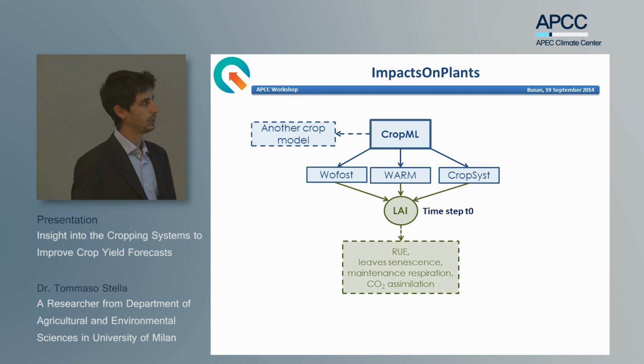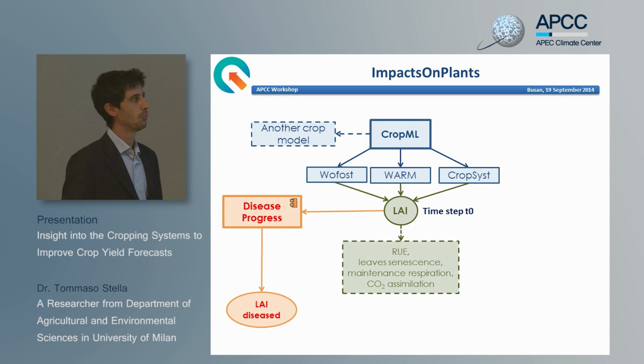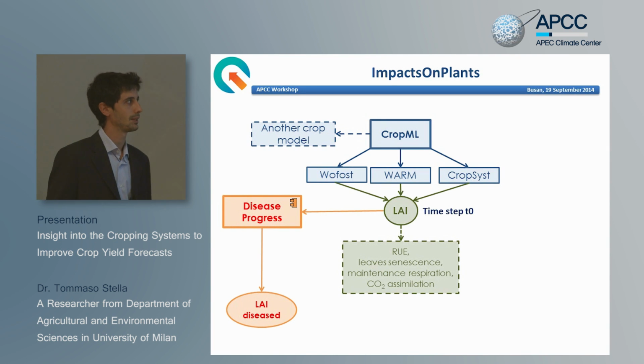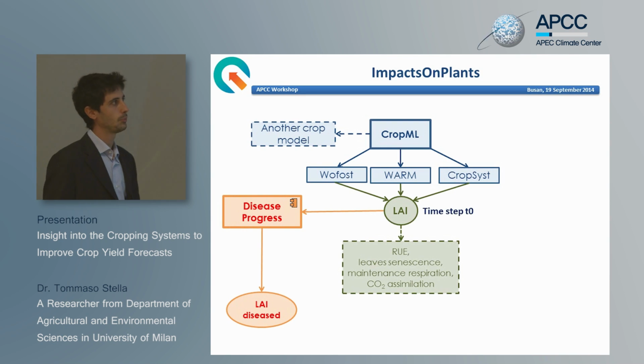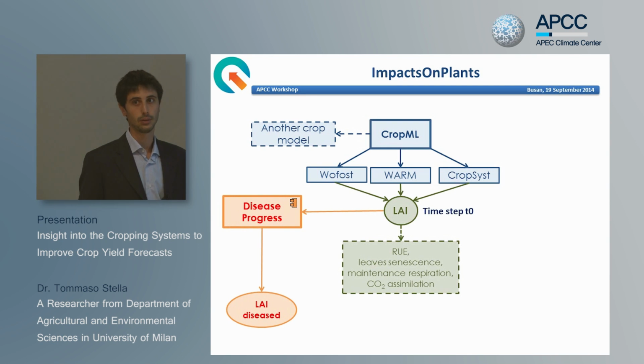which can be affected by a disease, and the dynamics are simulated by the component disease progress. And in this case, part of this leaf area index can lose functionality.